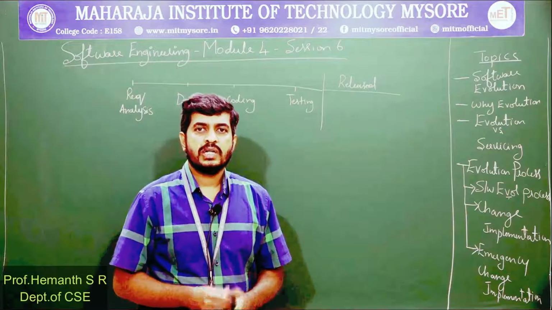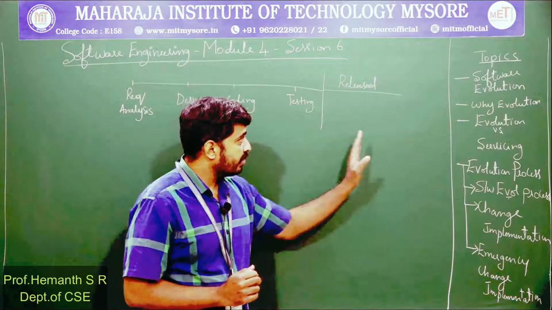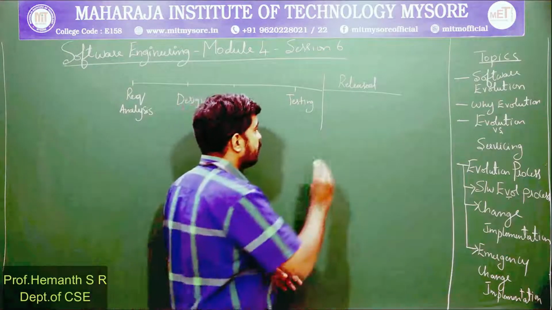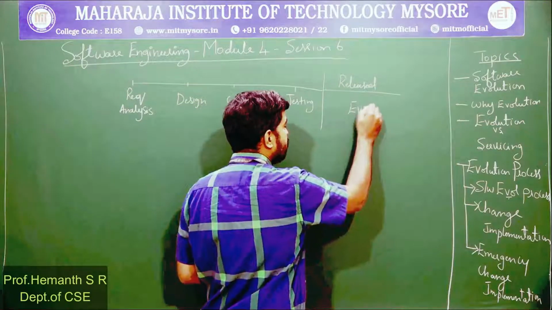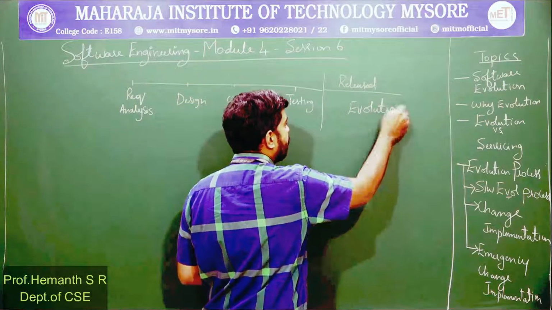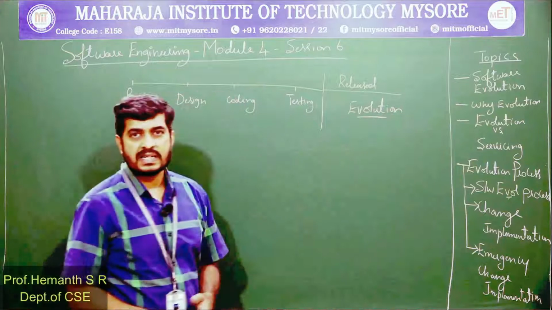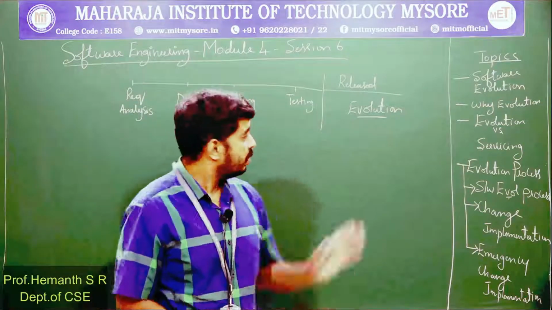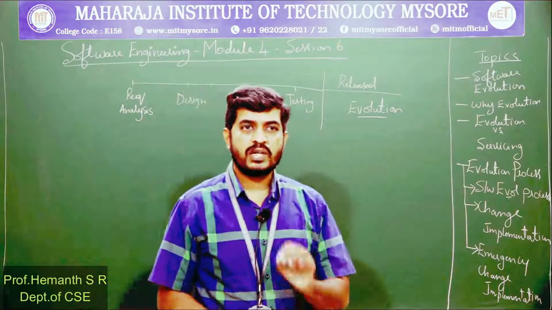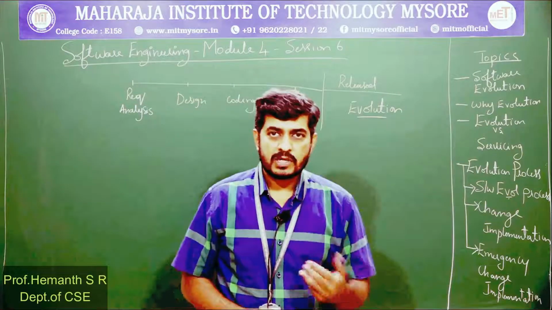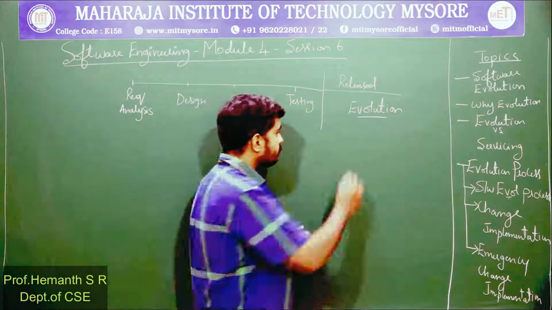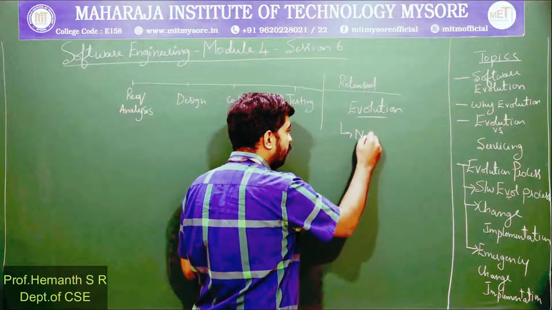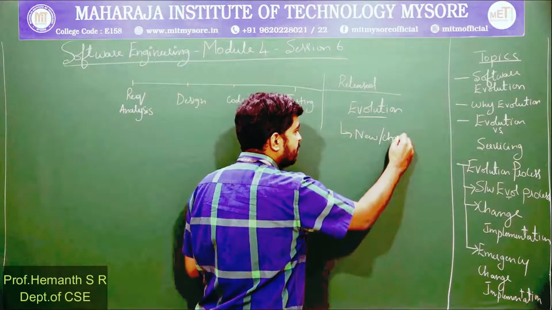Now this will trigger software evolution. So when the client starts using the software product, evolution has started because of new requirements. That is one possibility. The one possibility is new or changes in the existing requirement.